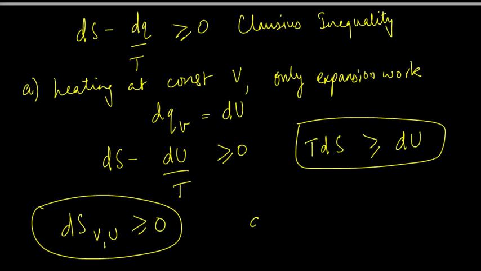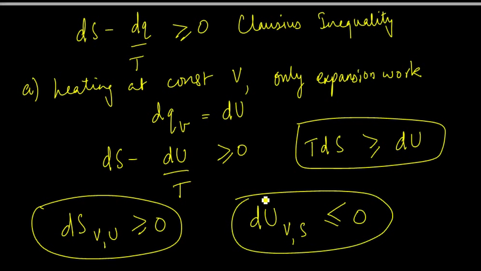Likewise, dU at constant volume and constant entropy is less than or equal to 0. I get it from the second law.